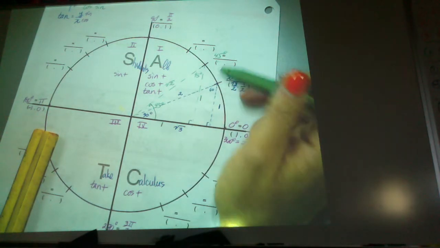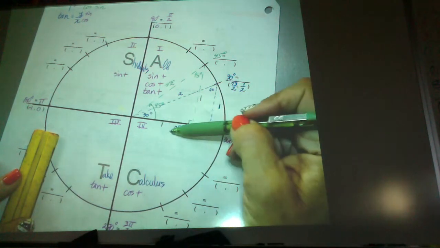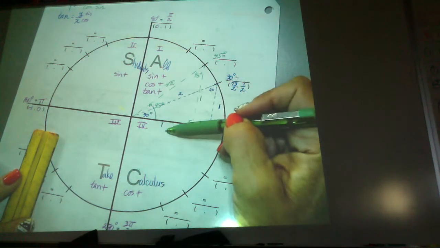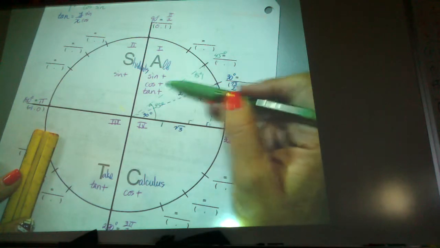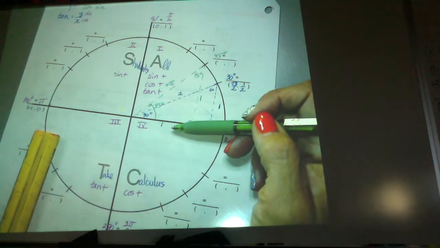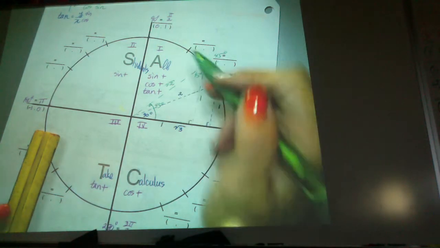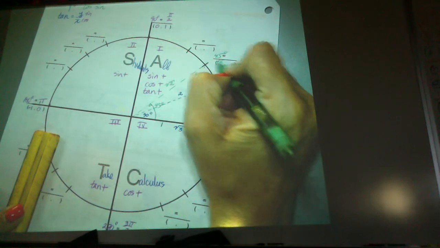So then I'm going to find my sine and cosine. Cosine comes first. Cosine, this is my angle of reference, is adjacent over the hypotenuse. Well, adjacent is 1. Hypotenuse is rad 2. Do I want to write it as 1 over rad 2? We want it rationalized. So what's 1 over rad 2 rationalized? Rad 2 over 2. So this is radical 2 over 2.